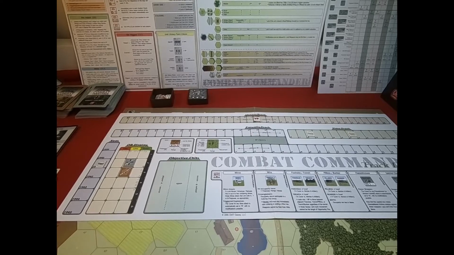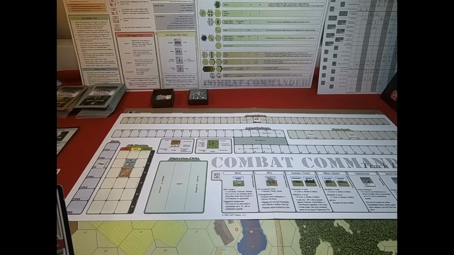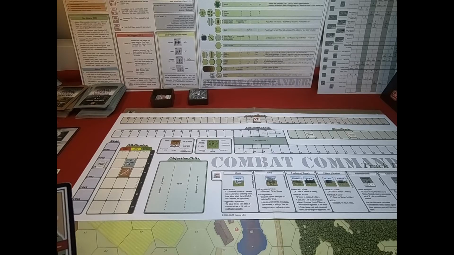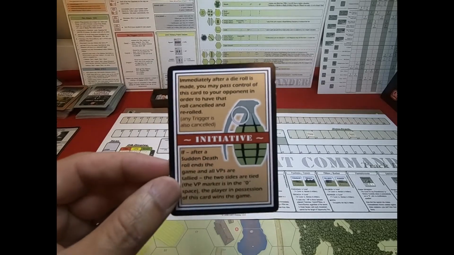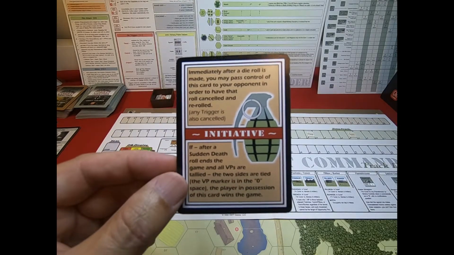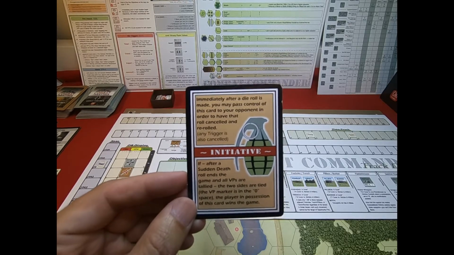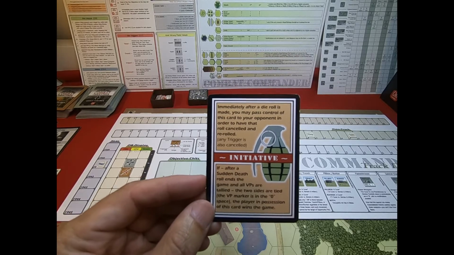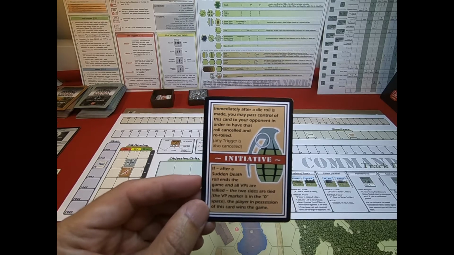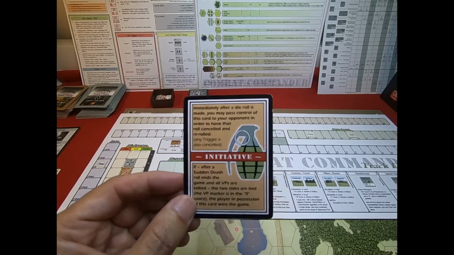And under the Recon posture, we also have the initiative card. At the beginning of this game, the initiative card goes to the Axis player, and when a player has the initiative card, this player can play it to roll another time if he's not satisfied with the score.